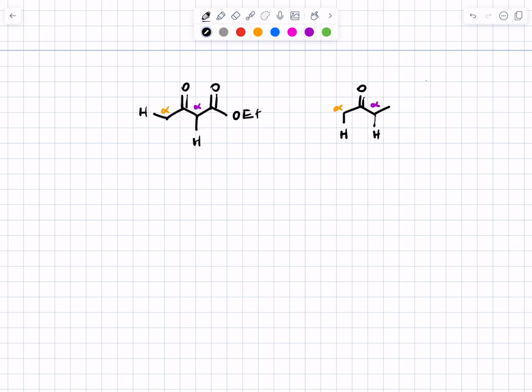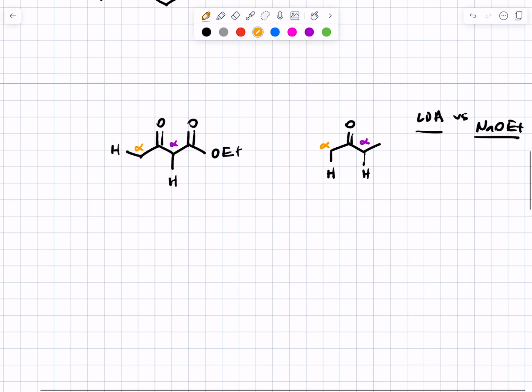The issue of LDA versus sodium ethoxide and enolate regioselectivity is really only one that matters when the protons have similar pKa's. So the orange alpha proton over here has a pKa of around 20 because it's alpha to a ketone. Likewise for that one.